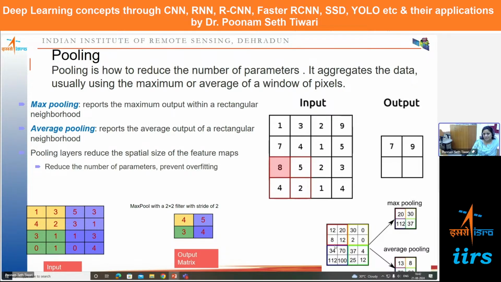Maximum means out of these four, whichever is the maximum value, I put that only. So 20, whichever is maximum, 30. In average pooling, we take the average of all these four pixels. So convolution and then pooling will give me a reduced size image.